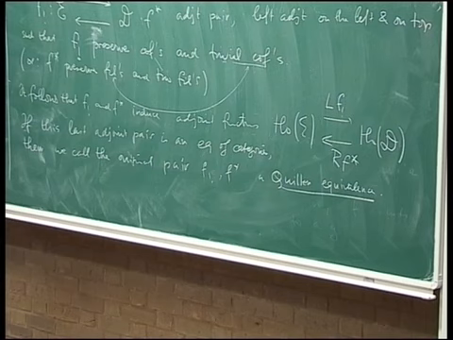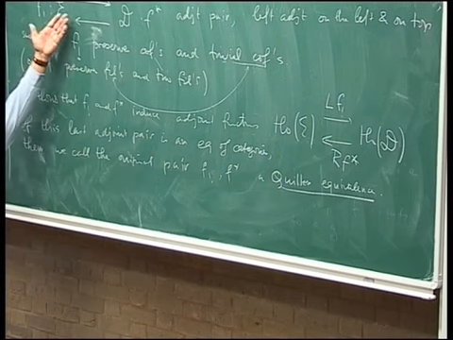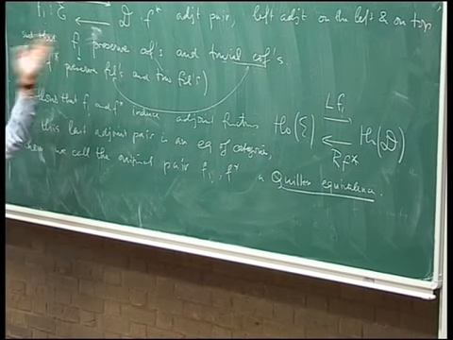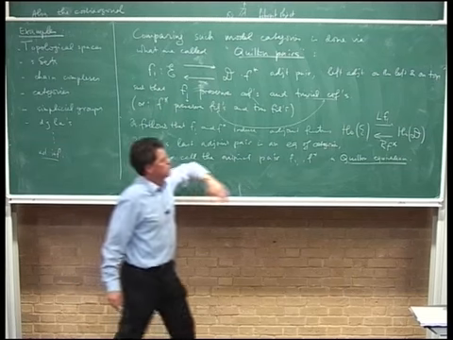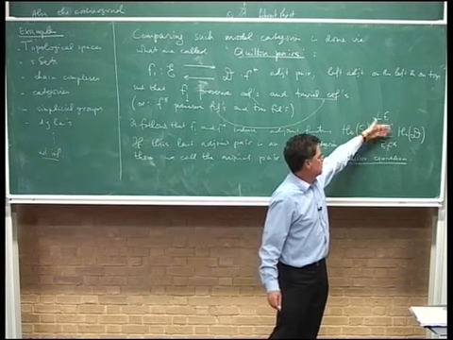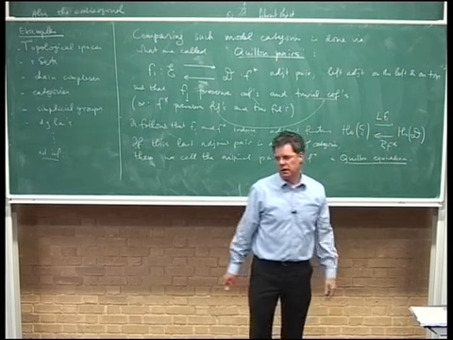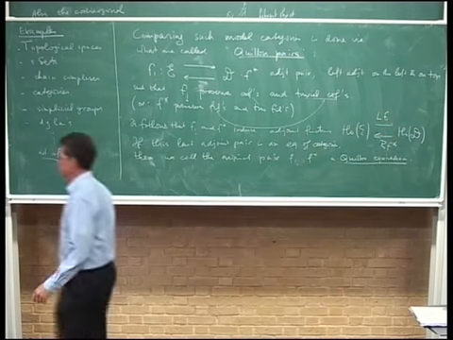And of course you can rephrase this directly in terms of F shriek and F upper star. You just calculate what the unit and co-unit should be and ask these to be weak equivalences.